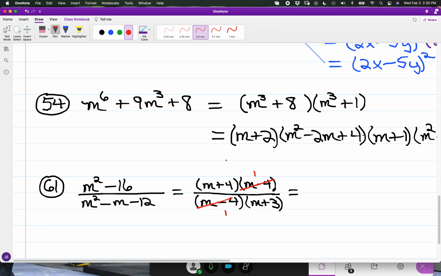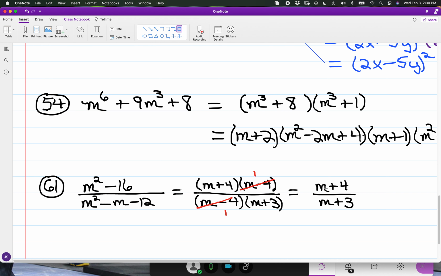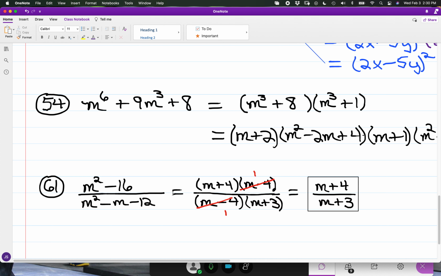And for the simplified result, this will come out to m plus 4 all over m plus 3. Okay. That's the simplified result, but those are not the same statements.